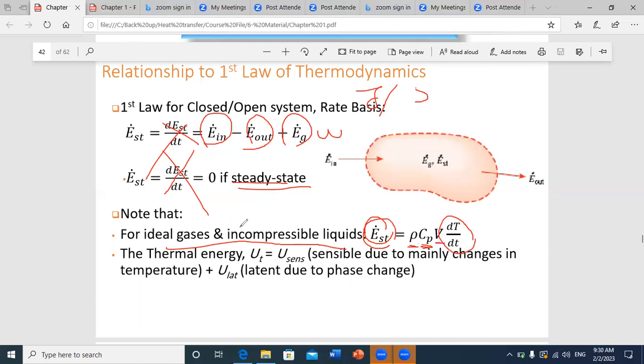Now, the thermal energy can be divided, as we discussed before, into sensible energy, which is mainly due to changes in temperature, and latent energy due to change in phase.